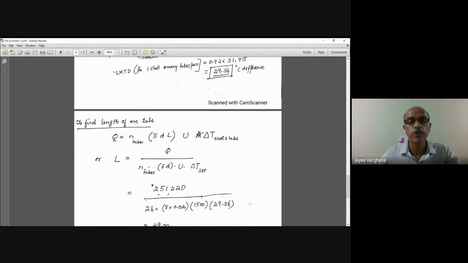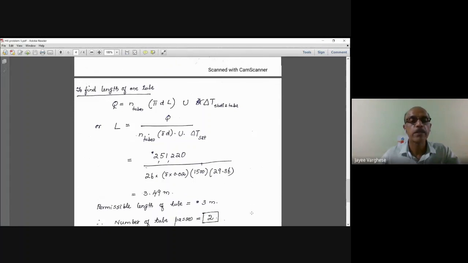In this we can see that the diameter is known, number of tubes is found to be 26, length of one tube is equal to L, which is unknown. So this can be calculated by substituting the known values. L is equal to Q divided by number of tubes into pi d into U into delta T of shell and tube. S and T stands for shell and tube.